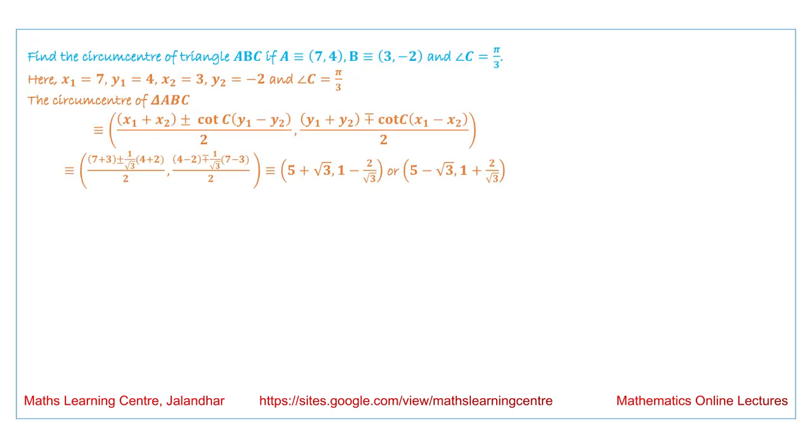Next is: find the circumcenter of the triangle ABC if A is equal to 7, 4, B is equal to 3, minus 2 and C is equal to pi by 3. So in this case we are given two vertices A and B, and an angle C that is equal to pi by 3.